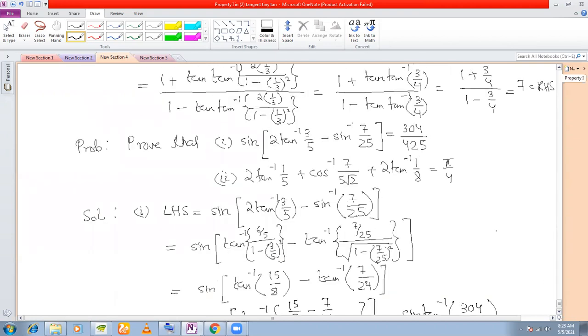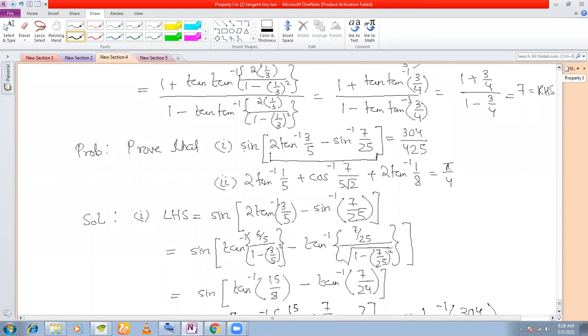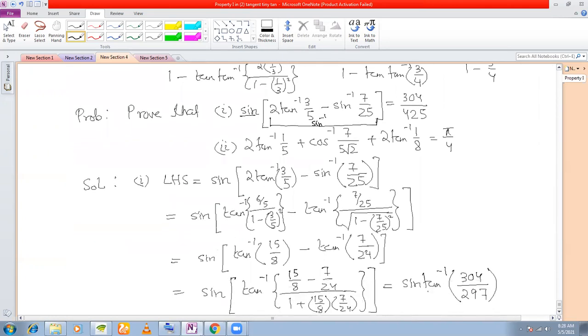You have to prove it is equal to 304 by 425. That means this entire thing was supposed to be expressed in terms of sine inverse, since here we have a sine. If we can express this entire expression in terms of sine inverse, we'd easily get a number, isn't it? But we are here getting sine of tan inverse.